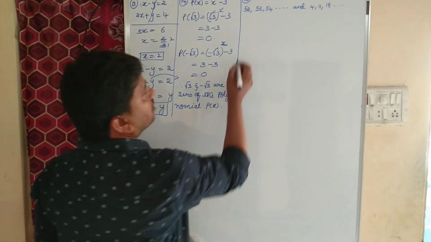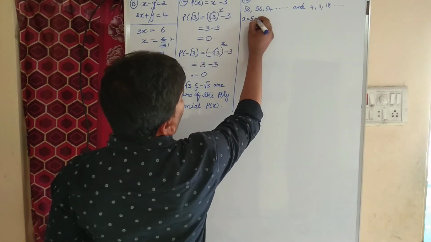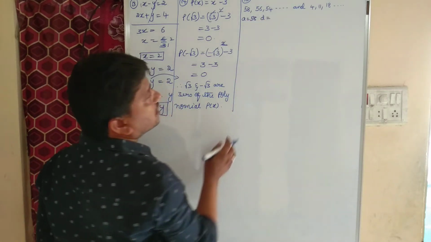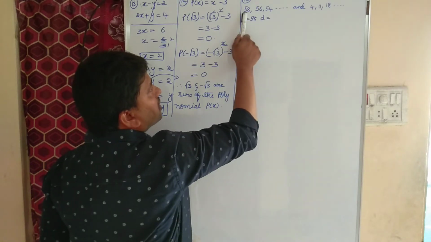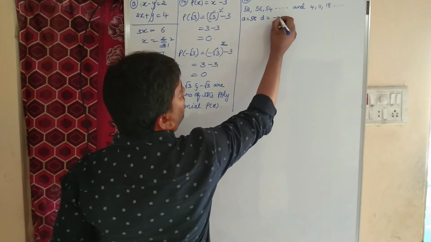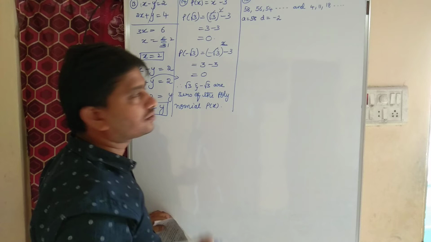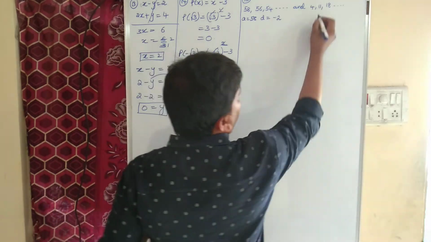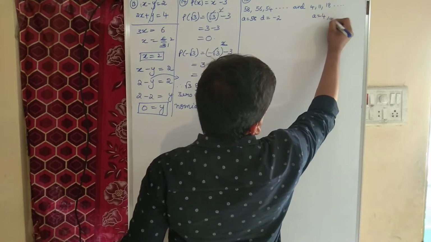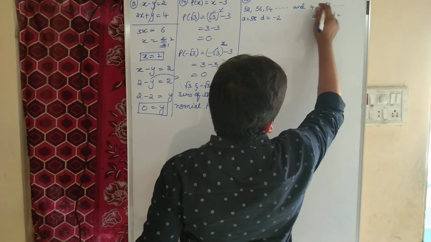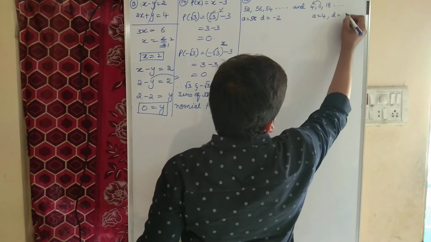Right? So first, here the value of a is 58, and what is the common difference here? Second term minus first term, 56 minus 58, that is equal to minus 2. Now coming to the second AP, here the first term is 4 and the common difference is second term minus first term, 11 minus 4, 7.